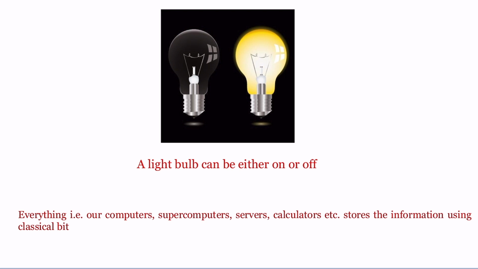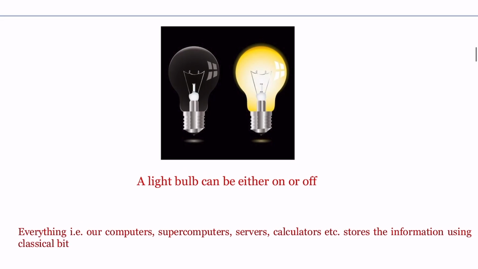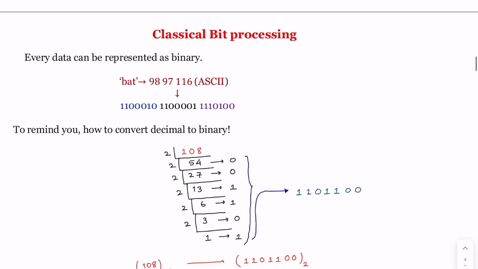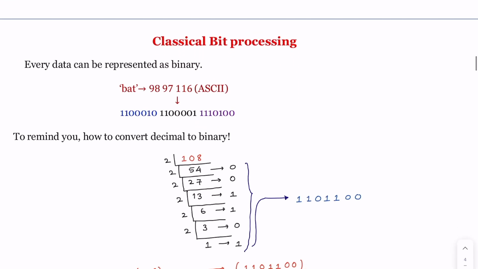So everything that is our computers, supercomputers, servers, calculators, etc., store information using classical bits. Now, in classical bit processing, every data can be represented as binary. For example, this word bat can be converted to ASCII code in numbers.